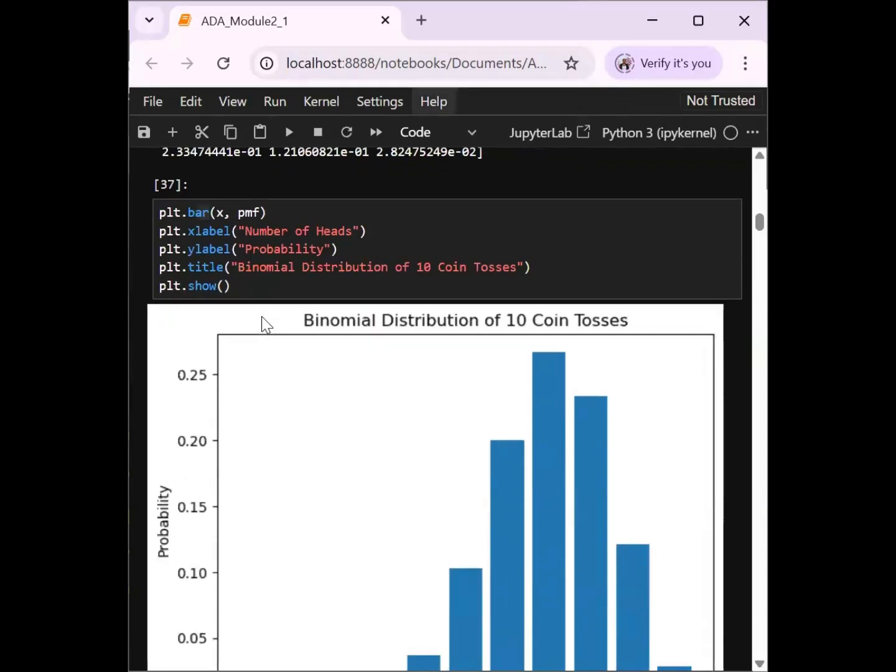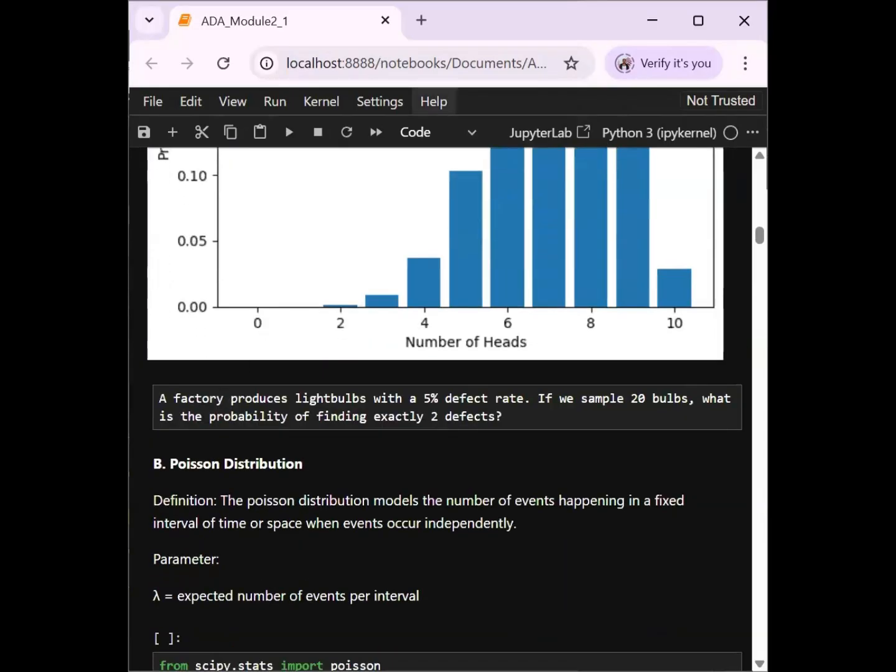So let's look at this question now. They said a factory produces light bulbs with a 5% defect rate. If we sample 20 bulbs, what is the probability of finding exactly two defects? So what we saw last week was, what's the probability that there will be defects, right?